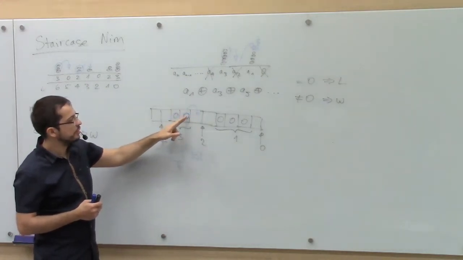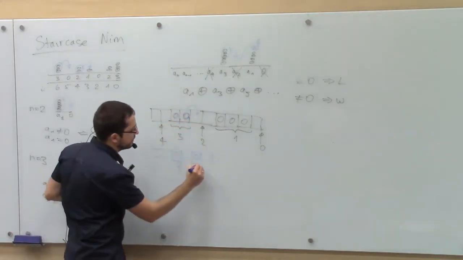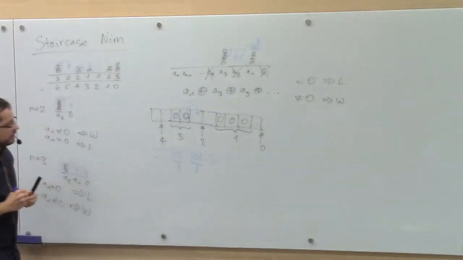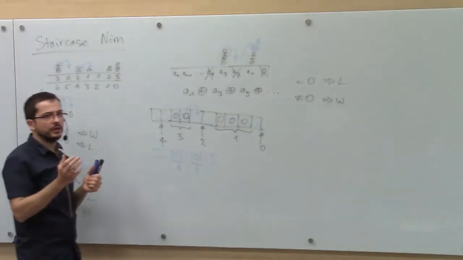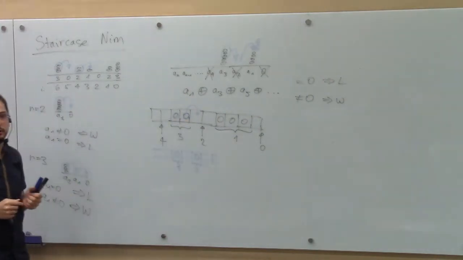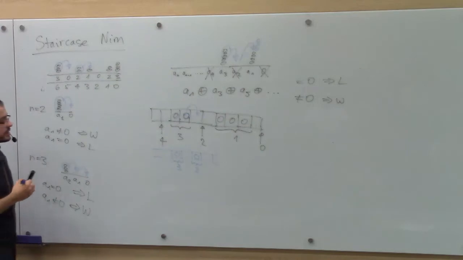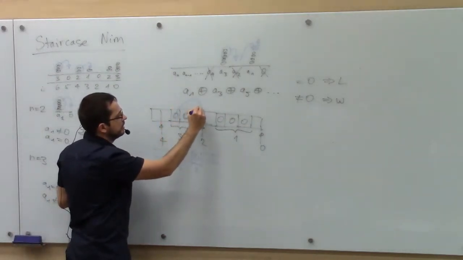So actually, this coin was introduced to the second group. So this is the second group. Okay. So basically, this move was moving the pawn from the third group to the second group.